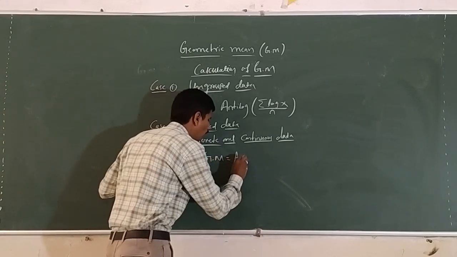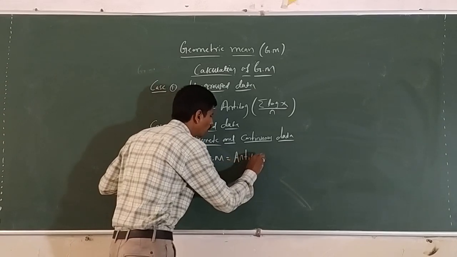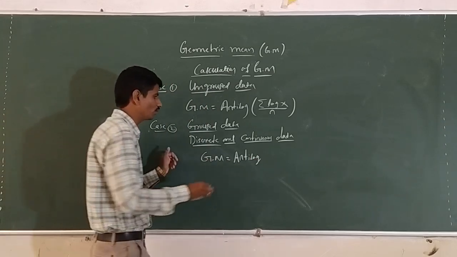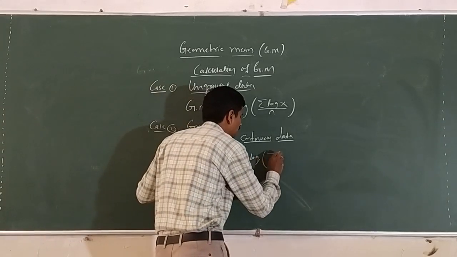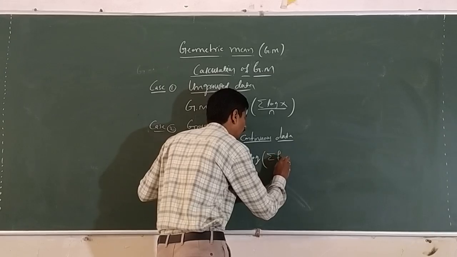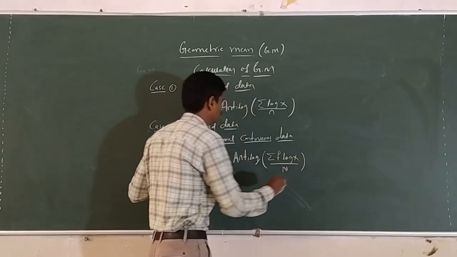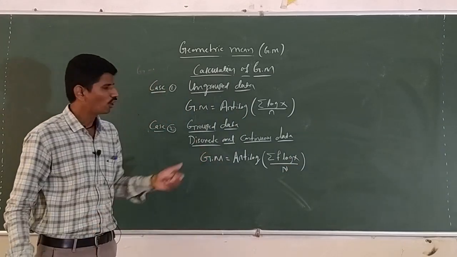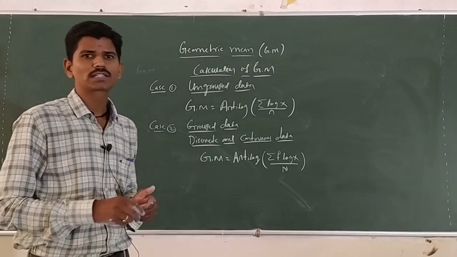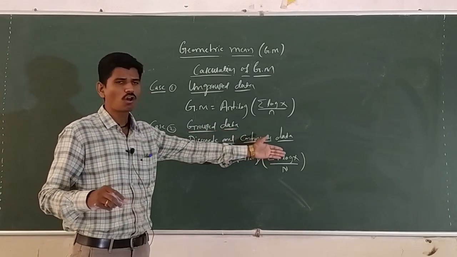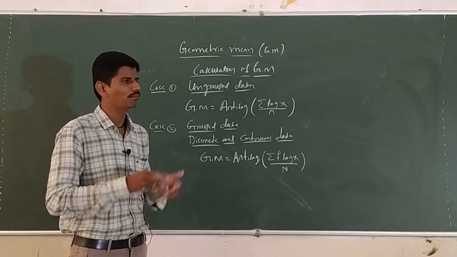GM equal to antilog of sum of f into log x by capital N. Grouped means the frequencies and class intervals are given. Here f is the frequency, into log x, divided by capital N. Capital N is the sum of frequencies.